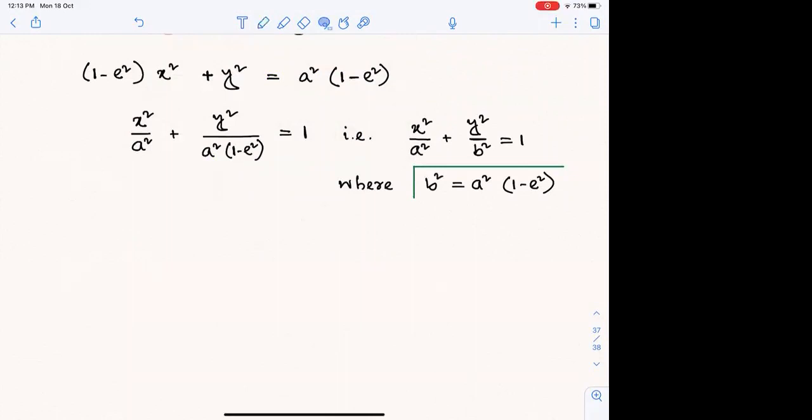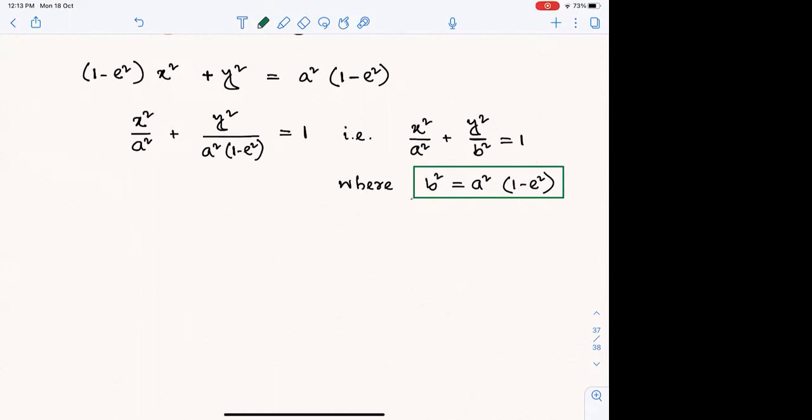We can think of this relation in other variations also, meaning the same relation, but how we are going to write it has many variations. Let us have a look at some of the variations. We can write the initial assumption, b square is equal to a square minus a square e square.